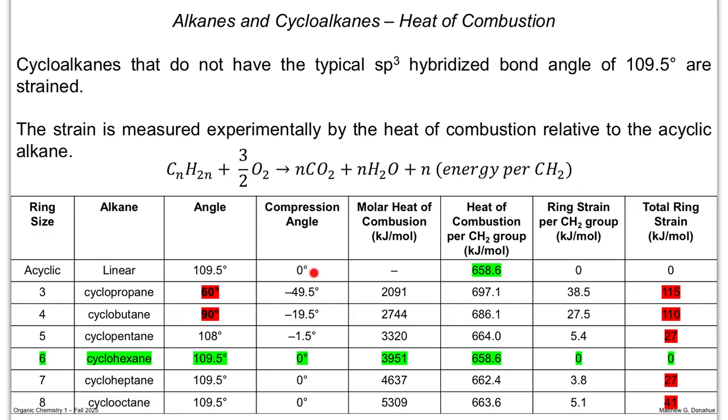But since it's the normal hybridization, we're going to say that is 0. Depending on what N is in this equation, you basically average out to about 658.6 kilojoules per mole per CH2 group contained in that molecule. So that's what it should be for any N number of carbons. That's the normal thing without strain.